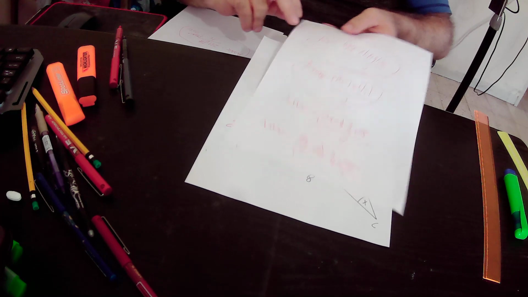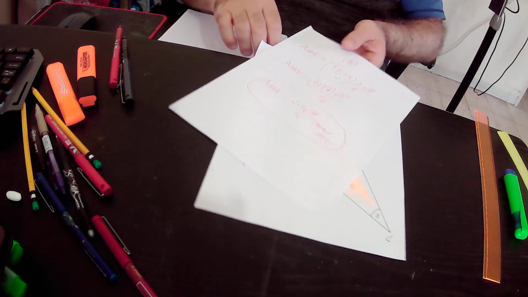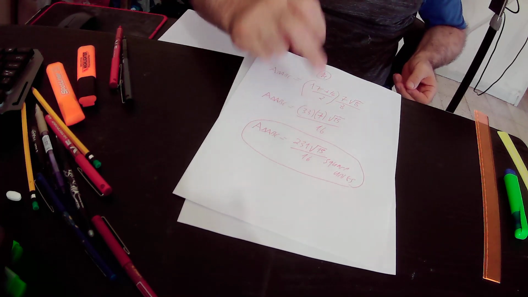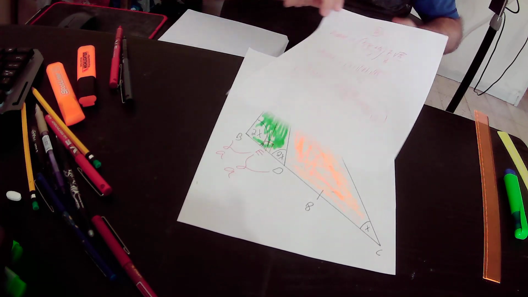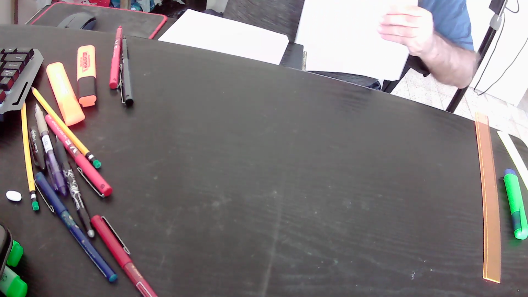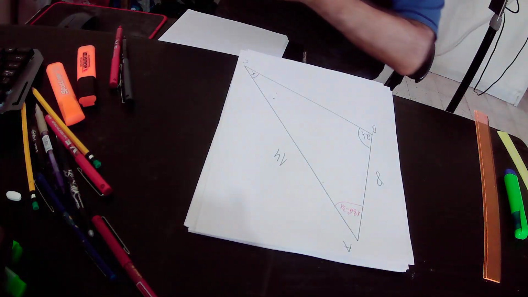And we found that the area of triangle ABC equals 231 times root 15 over 16 square units. So that was the first method to find the area of triangle ABC. Then we found the area of triangle ABC according to the second method.